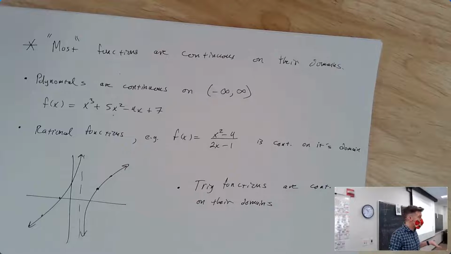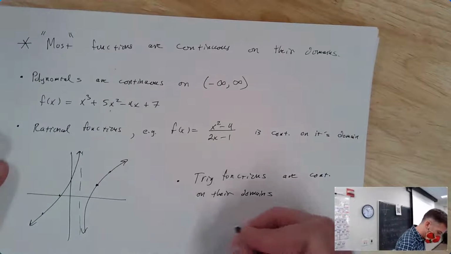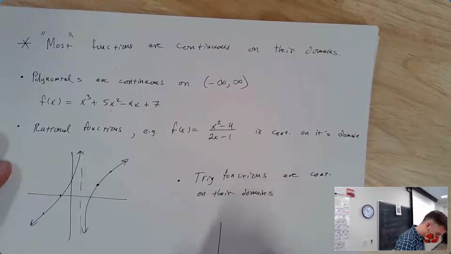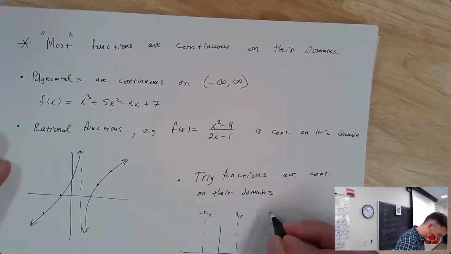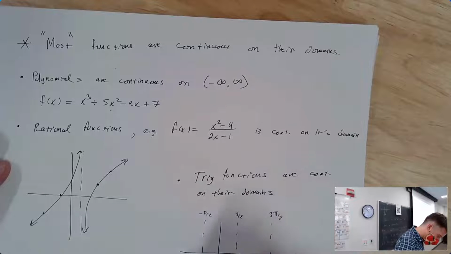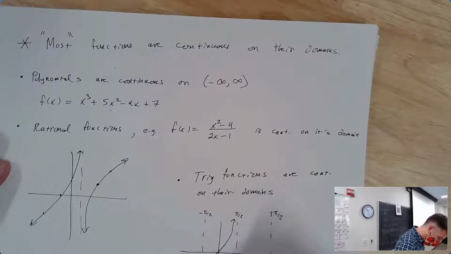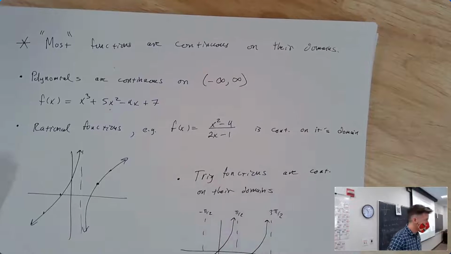If you think about the tangent function, here's good old tangent with vertical asymptotes at negative pi over 2 and pi over 2, and then you just keep adding a pi to get all the rest. This tangent function is definitely continuous everywhere except for where it's undefined.